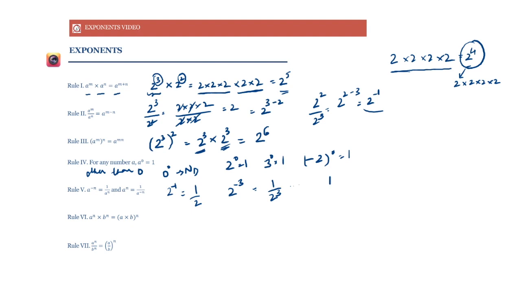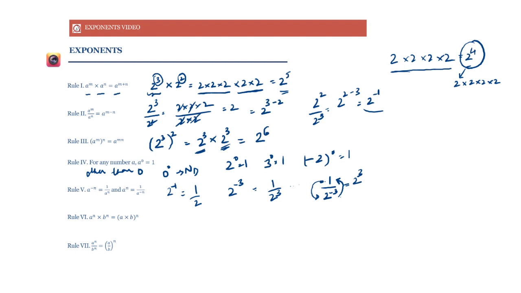And then if I have, let's say 1 upon 2 to the power minus 3, I can write this as 2 cube. So when the term goes from the numerator to the denominator, then the sign of its exponent flips. And when it goes from the denominator to the numerator, again the sign of the exponent flips.